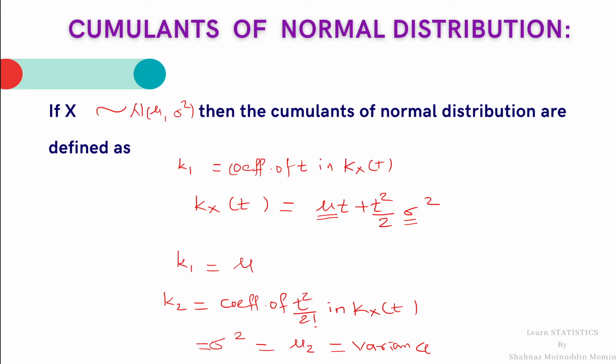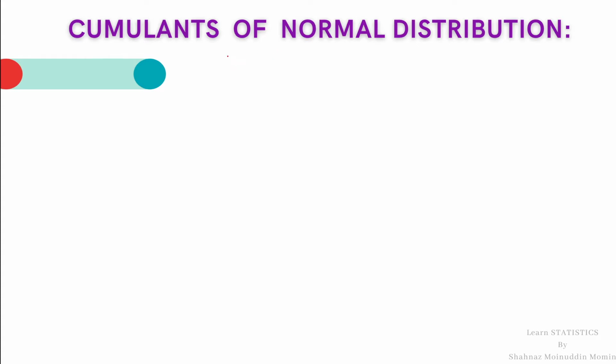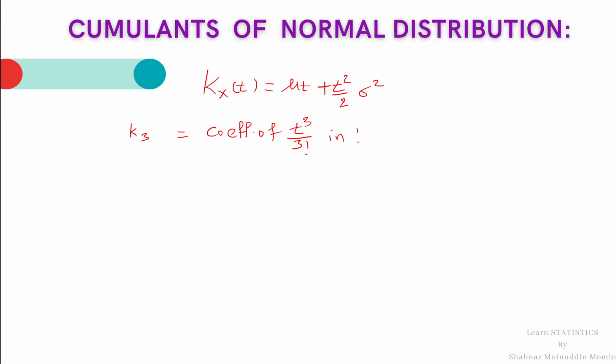Now we will obtain the cumulant of order third. Let me write the cumulant generating function in order to compare the coefficients. K_X(t) equal to mu t plus t square upon 2 sigma square. Now k3, the third cumulant, equal to the coefficient of t cube by 3 factorial in K_X(t).